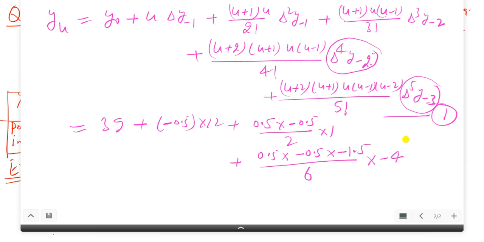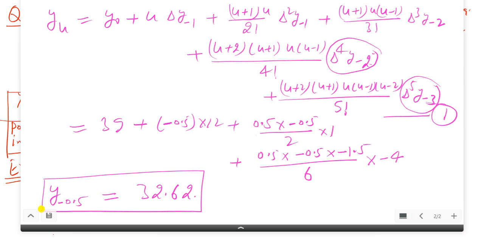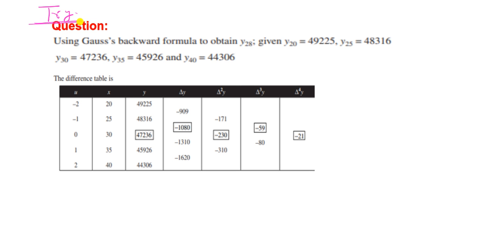Simplifying with the calculator, we obtain 32.62 thousand. The population of the city at u equal to minus 0.5, that is the year 1936, is 32.62 thousand.